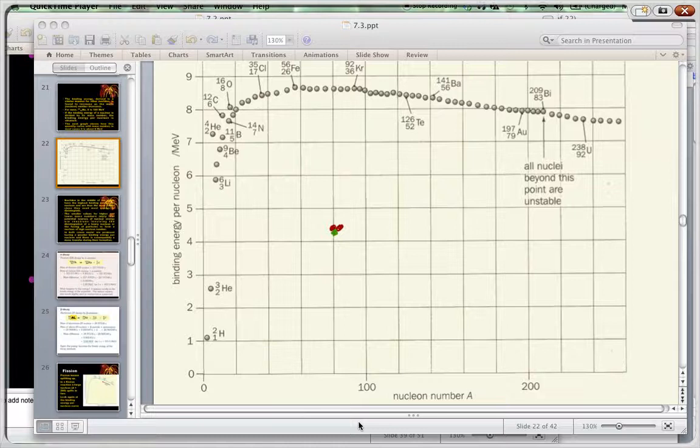Now we've got roughly about 2.5 MeV per nucleon. So the total binding energy for the helium-3 is going to be about 7.5 MeV.